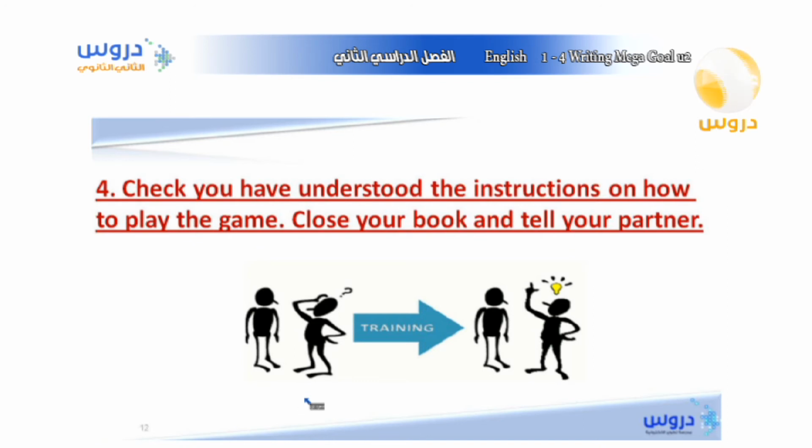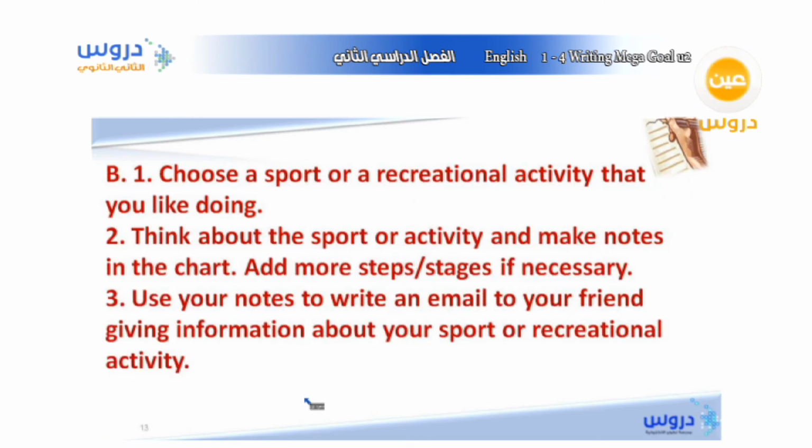Okay, check you have understood the instructions on how to play the game. Close your book and tell your partner. Okay, now choose a sport or recreational activity that you like doing. Recreational means entertainment activity.